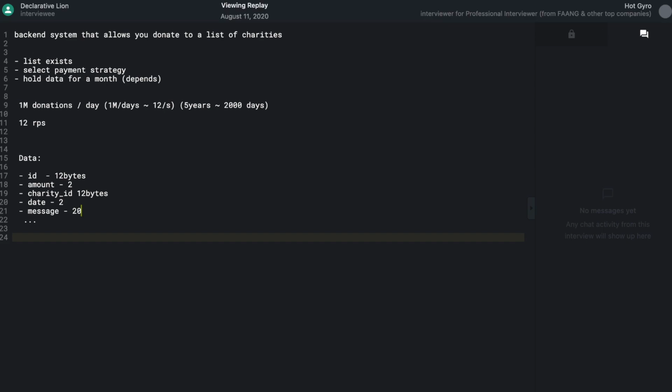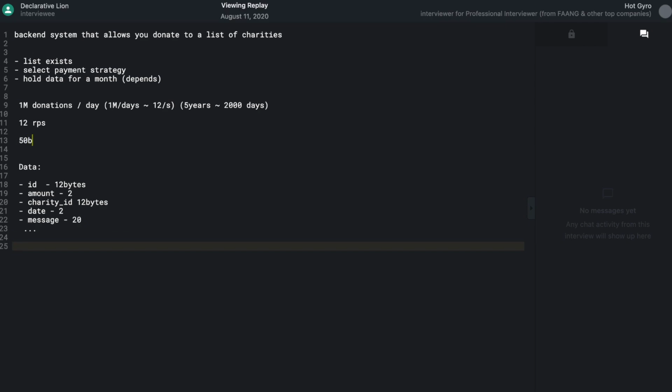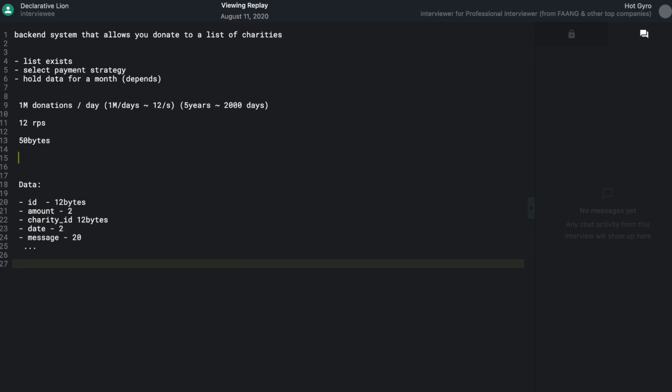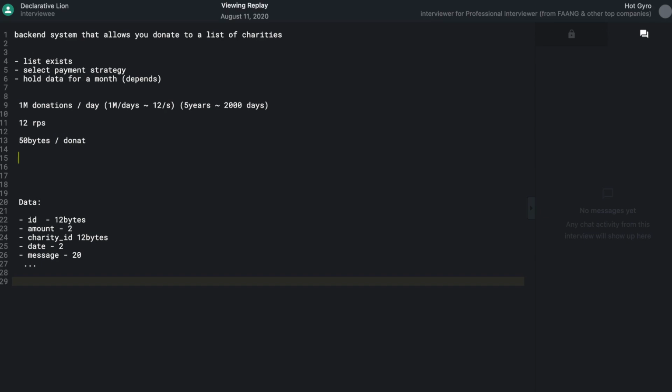If you round it up, let's say 50 bytes per donation, and we have 12 per second. So 50 times 12 would be 600 bytes per second. It would be our bandwidth.